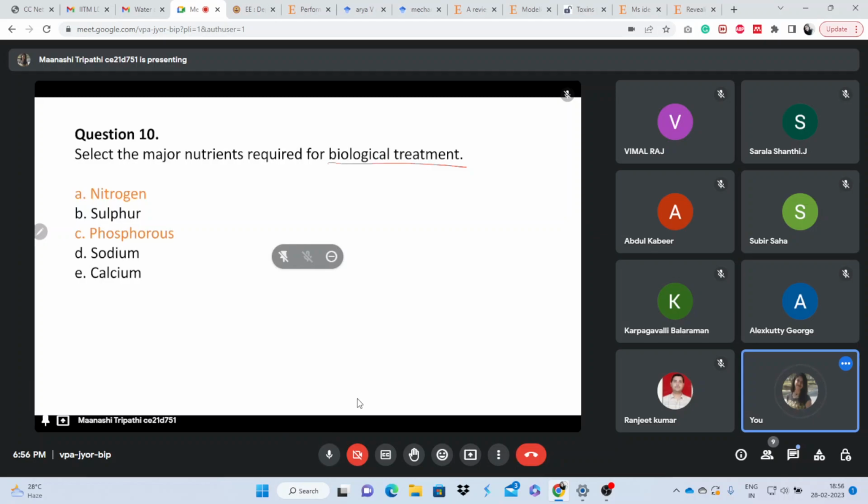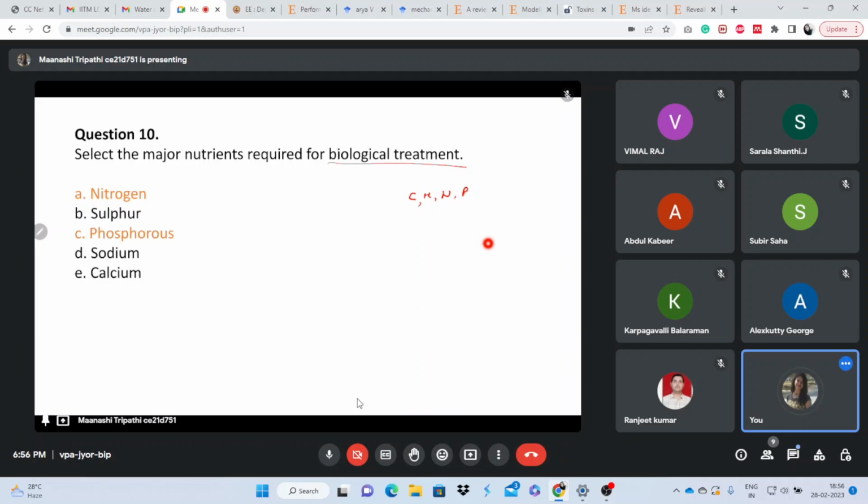I was saying there was some connectivity issue, I guess. The bacteria's body is made of many nutrients: carbon, hydrogen, nitrogen, phosphorus, everything. Whatever nutrient the bacteria consumes, first it uses for making its body and growth, and second, for metabolic activities.